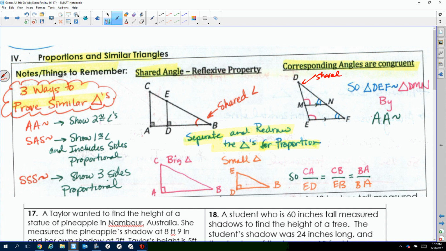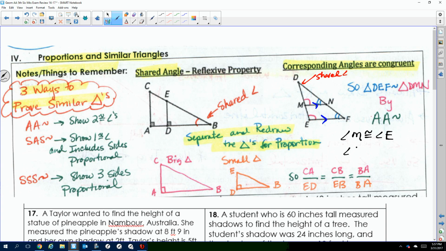I know it doesn't talk about that, but D is also a shared angle. Okay, so I could separate these two, but because we see these parallel lines, I don't know if y'all recognize, but these arrows are showing parallel, then you would be expected to conclude and add the corresponding angles. The corresponding angles here are angle M is congruent to angle E because they're both on the left side of the transversal, or DE.